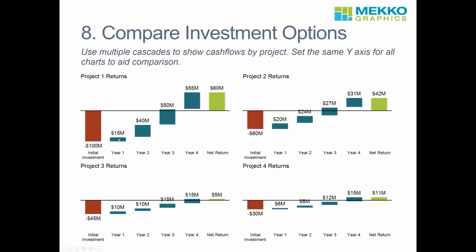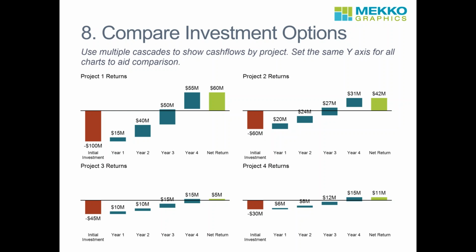So the 15 million in year 1 for project 1 is the same size as the 15 million in year 3 for project 3. It's important to do that if you're going to do these comparisons, because you don't want to overemphasize one chart relative to the others.